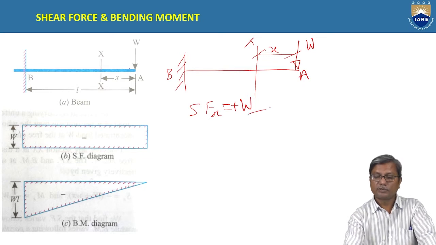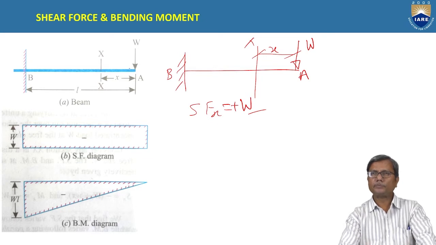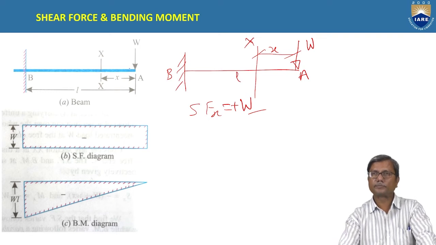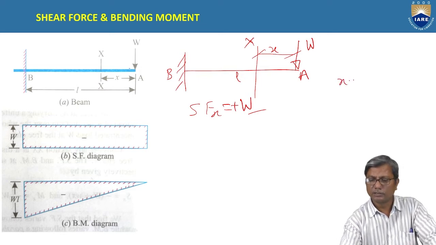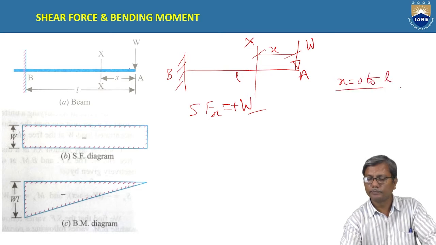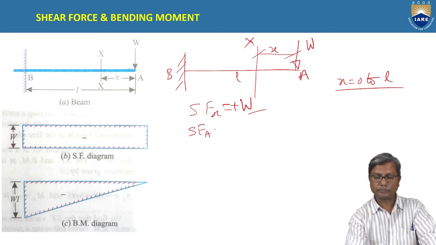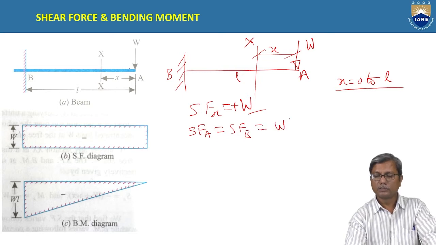If you observe, it is independent of x, so it is constant. That means the same section is valid between the limits 0 to L, where L is the span of the beam. The same section is valid between A and B, so the limits for x are from 0 to L. That means the shear force at A, that is at x equal to 0, and the shear force at B, that is at x equal to L, are the same.